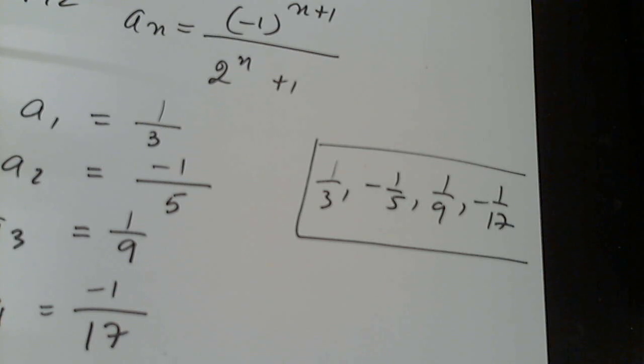Good. Now let's look at the other set in which they're giving us a relationship. And they say the same thing. Write the first 4 terms. But they're giving us the first one. So we only need to determine a sub 2, a sub 3, and a sub 4.